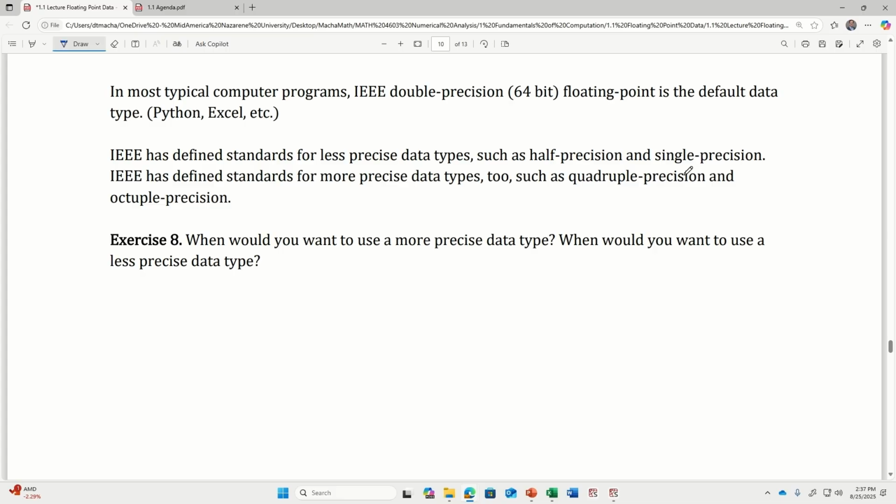When would you want to use a less precise data type? Yeah. And one example I can think of is artificial intelligence, right? You've got these AI models that are running on these enormous data centers.